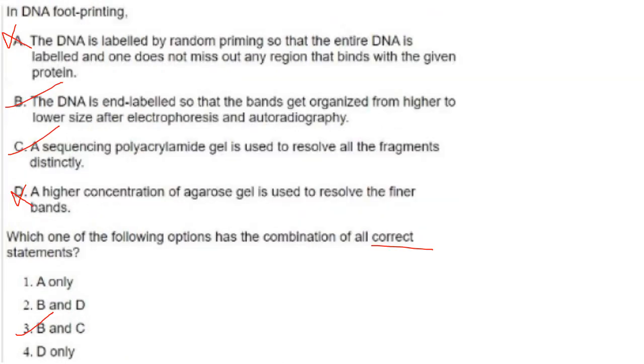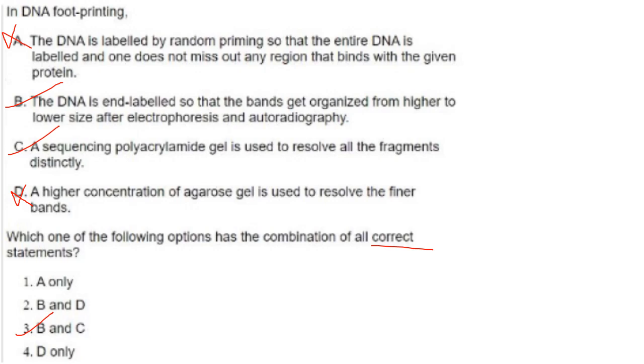Then next one. In DNA footprinting, the DNA is labeled by random priming so that the entire DNA is labeled. No, only the 5' end is labeled, not the entire DNA. So A is not correct. They have asked for a combination of all correct statements. The DNA is end labeled so that the bands get organized from higher to lower size after electrophoresis and autoradiography.